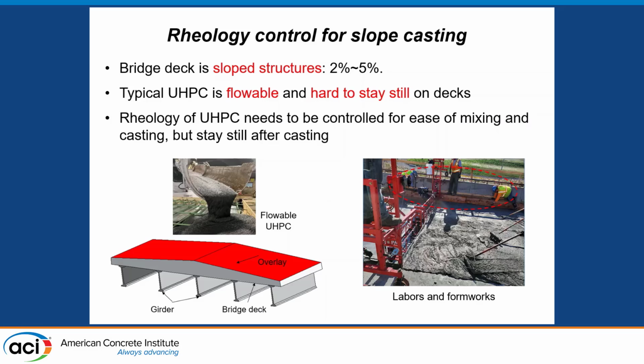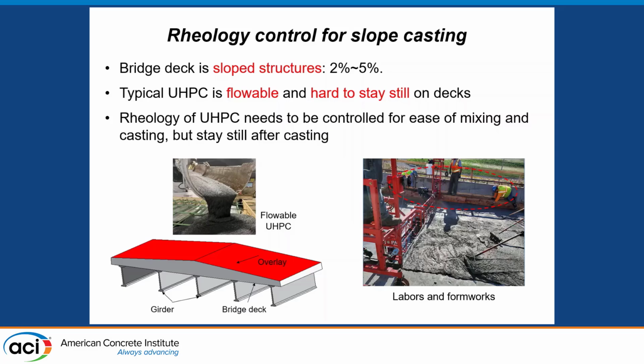For some other applications, we also need very careful rheology control for better quality. This is the second application, slope casting. Slope structures such as bridge decks have slopes of 2% to 5%.